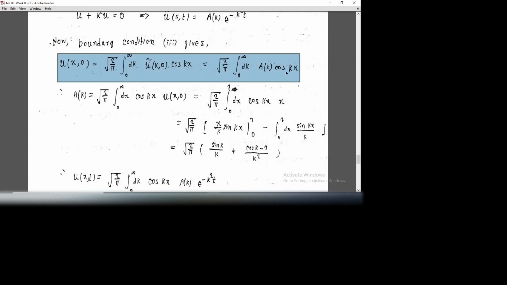So now what do we see? If ux naught is this function, that means ak is the Fourier cosine transformation of ux naught.